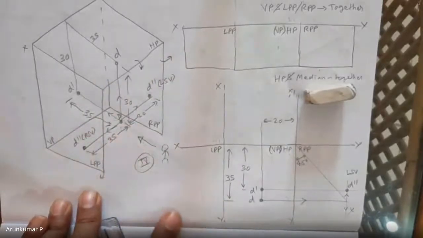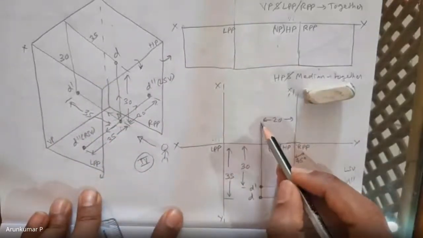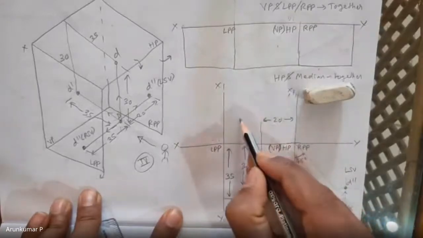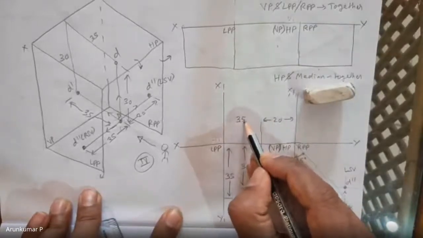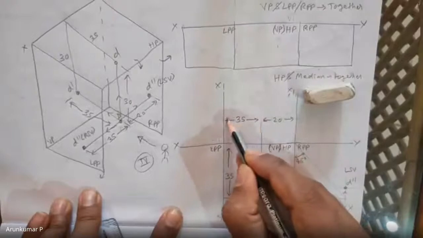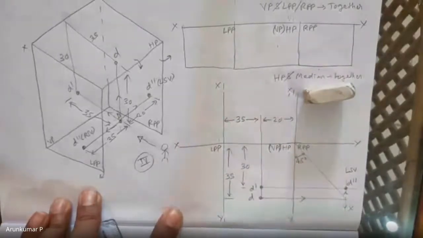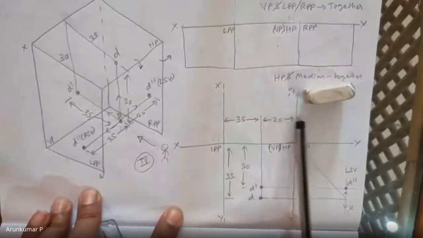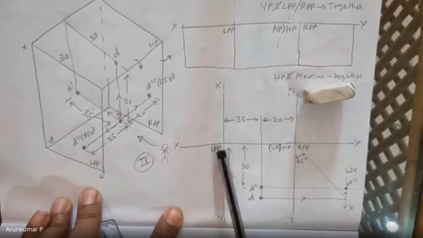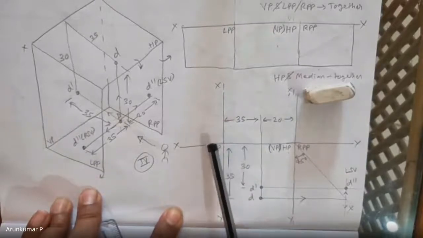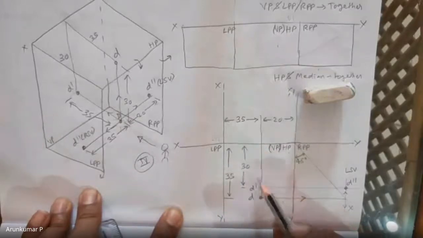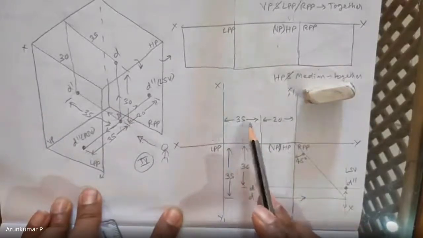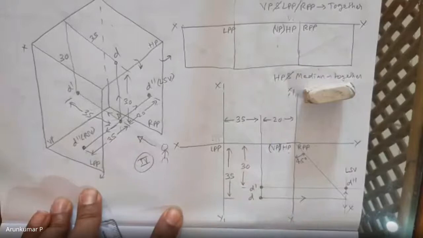So what you should do is draw this projection line at a distance of 35 mm. Just like you draw the projection line at a distance of 20 mm from RPP, you have to draw the projection line at a distance of 35 mm from LPP. So the same projection line has to be drawn, but at a distance of 35 mm from LPP.